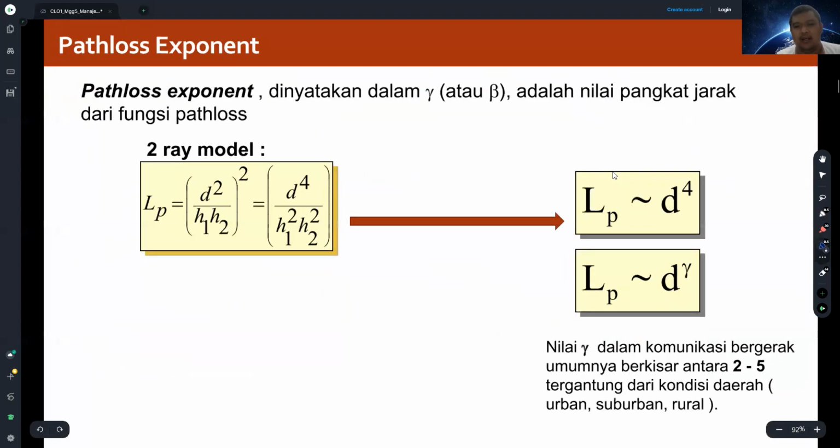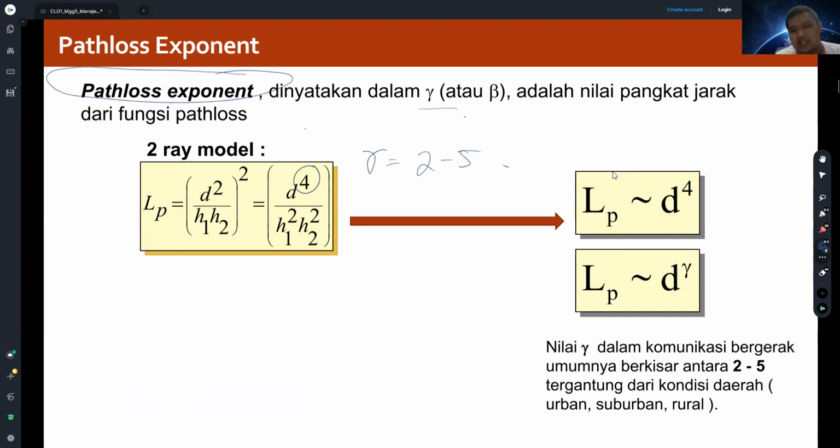And from last week's material, we have also learned about the path loss exponent. The value of the path loss exponent is the power of the denominator, or the power of d, usually known as gamma or beta. The value usually depends on the environment itself, whether it is urban, suburban or rural area, which means the value will vary between 2 and 5, depending on the environment.